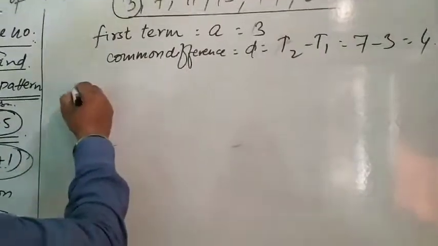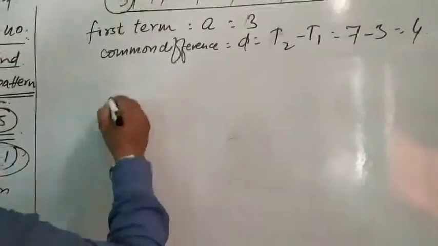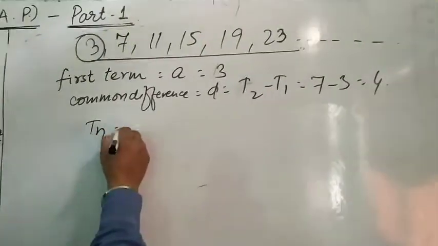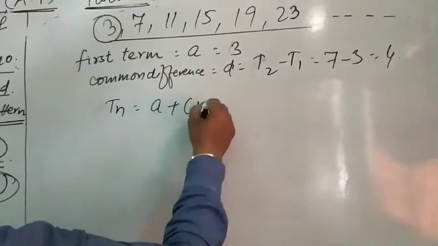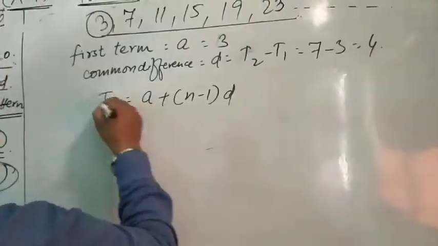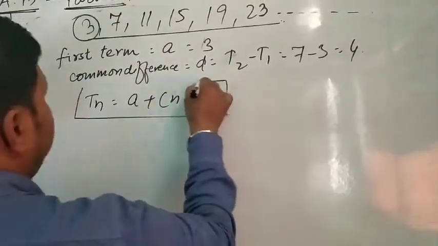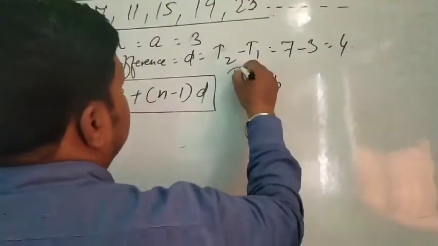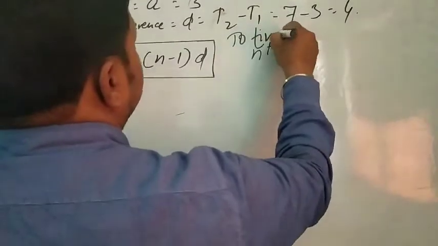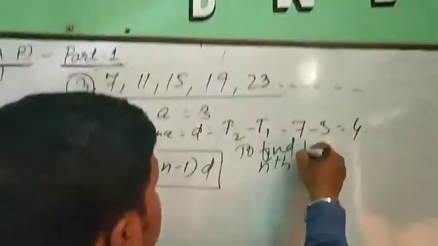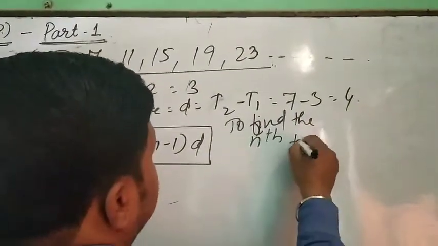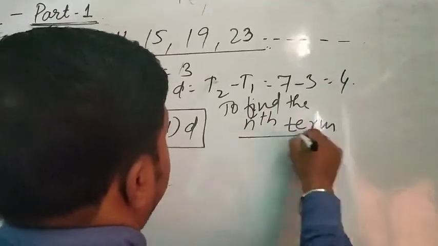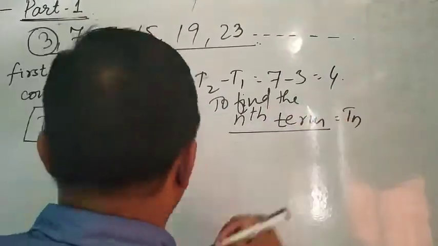So at first we have to prove that Tn equals A plus n minus 1 into D. This is the formula of AP to find the nth term, that is called Tn.